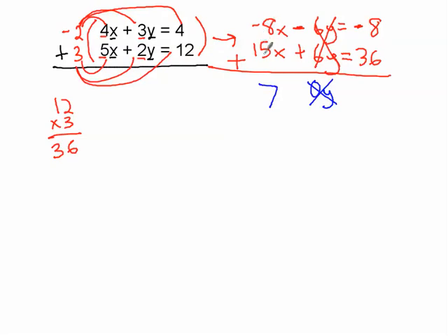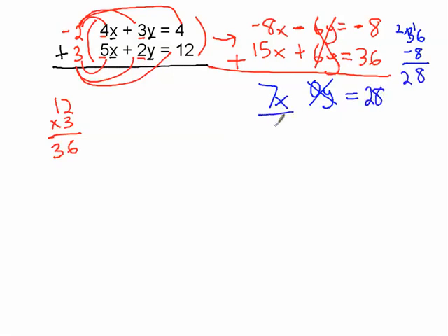And then you have to look to see which one's bigger, the 15 or the 8. Since the 15 is bigger, we know it's going to be +7, so +7x, and we know it's going to equal 36 minus 8, or -8 plus 36. So let's just do 36 minus 8. 16 minus 8 is 8, and 28, so it's going to equal 28.